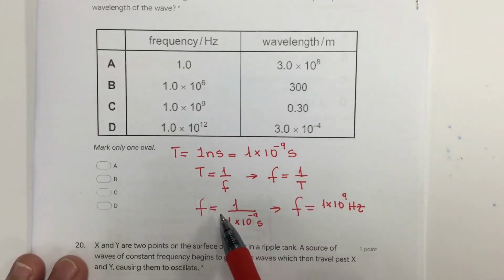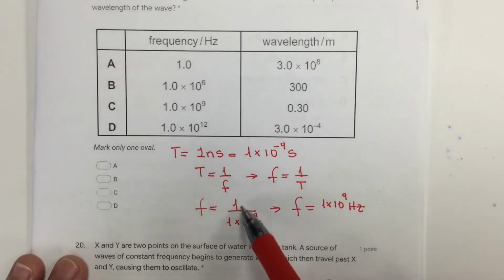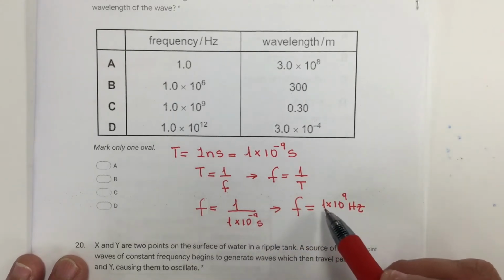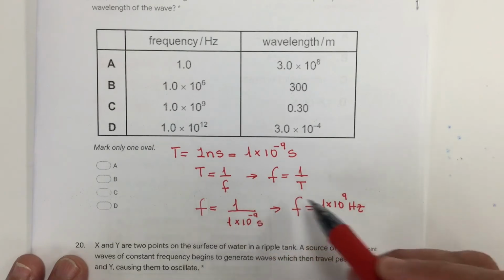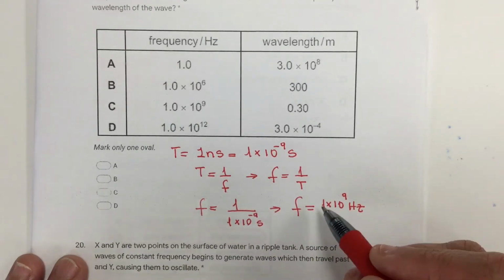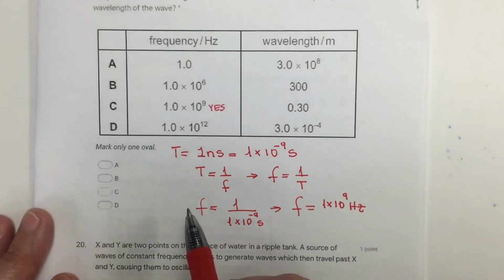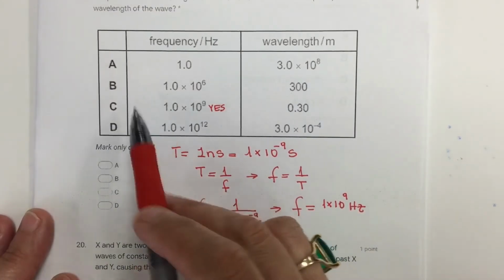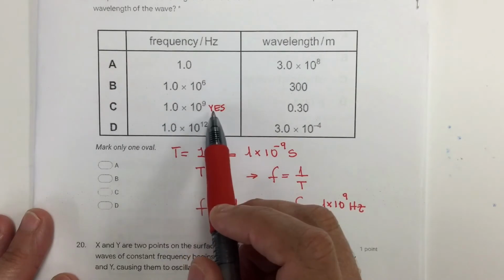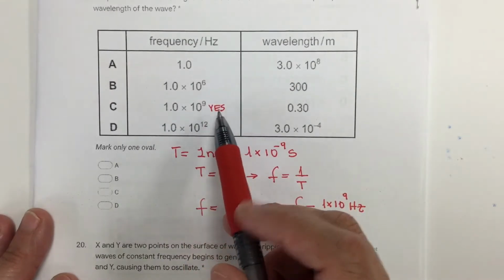So the frequency, the one that we are looking for, is 1 over the period, which is 1 times 10 to the negative 9 seconds. When you flip, it is 1 times 10 to the 9 hertz. Okay, so we found here 1 times 10 to the 9 hertz.